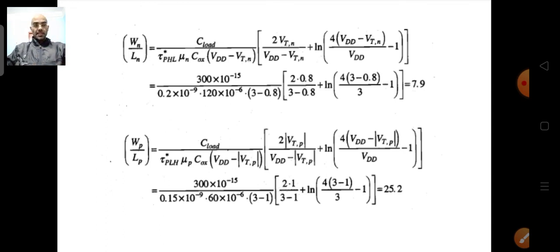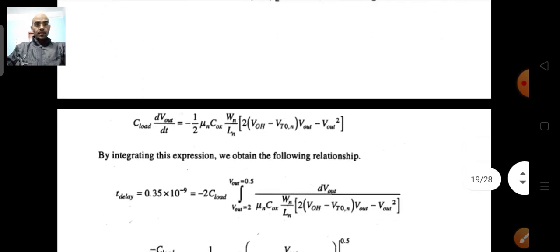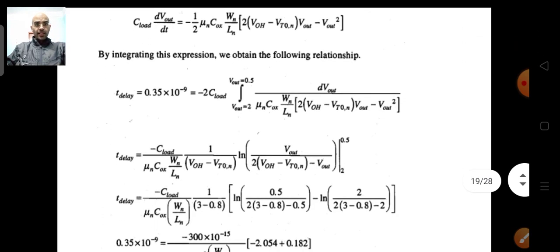That's what it means. So for the first constraint we found that the W by L of NMOS should be 7.9 and W by L of PMOS should be 25.2. Then let's see the second condition.